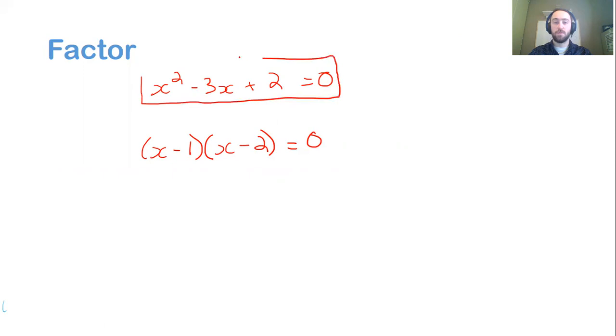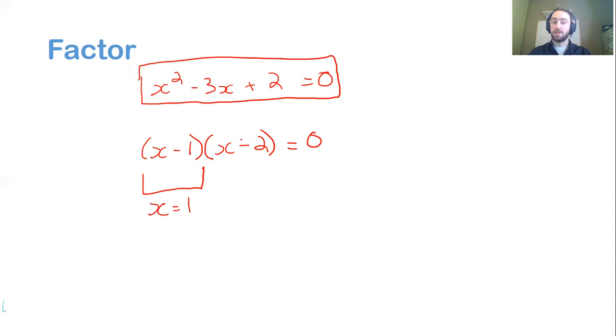So what does this mean? Well, these are our factors, but what x values would make this equation equal to 0? Well, in our first case, if x was equal to 1, so 1 minus 1, well, this equals 0.